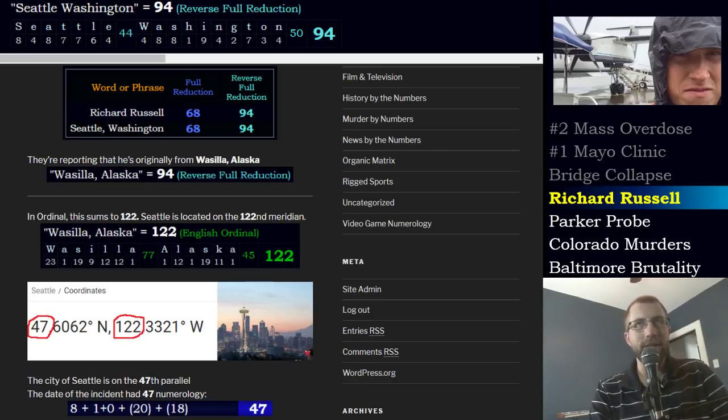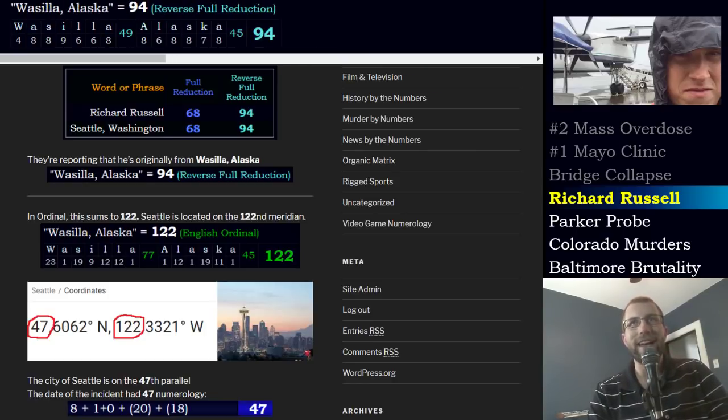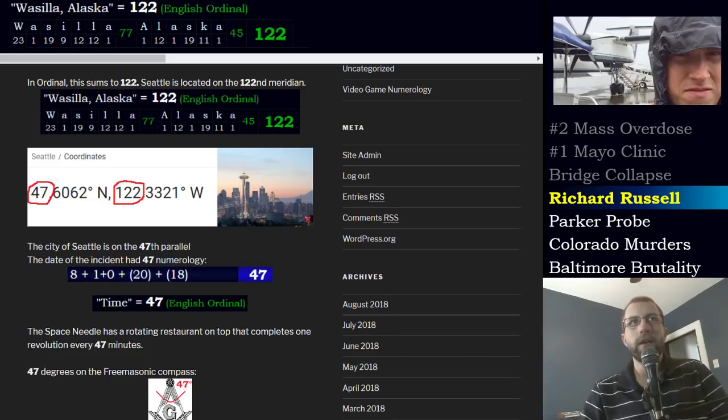And then comically, they told us he's from Wasilla, Alaska, which sums to 94 reverse reduction also. Using the alphabetic order, Wasilla, Alaska equals 122. Well, Seattle is on the 122nd meridian, but perhaps even more relevant is that it's on the 47th parallel.